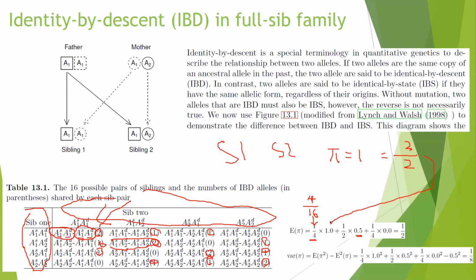That's why this is 1. But if only one allele is IBD and the other one is not, then pi equals 0.5, because it equals 1 out of 2. And a 0, you know what that means. Exactly. Good. Any other questions here?